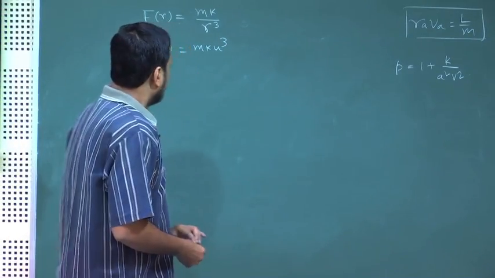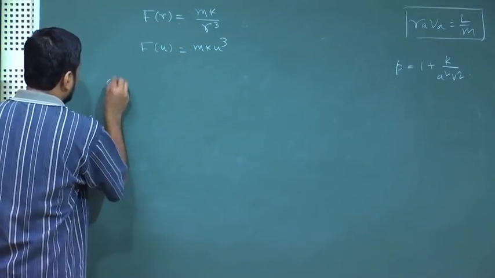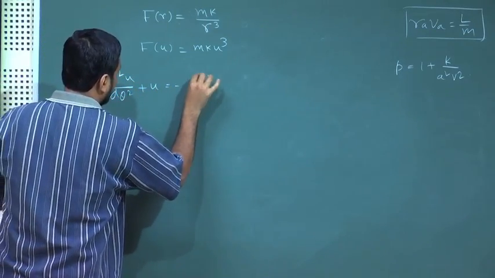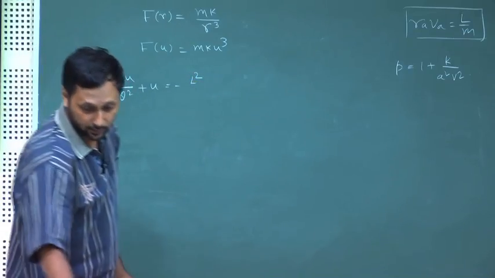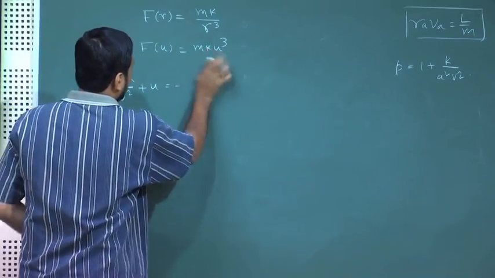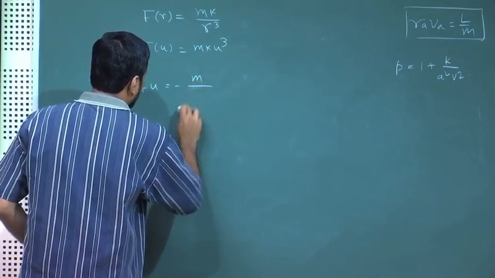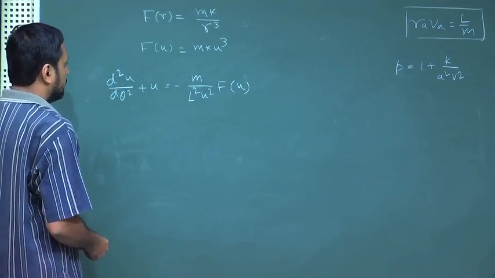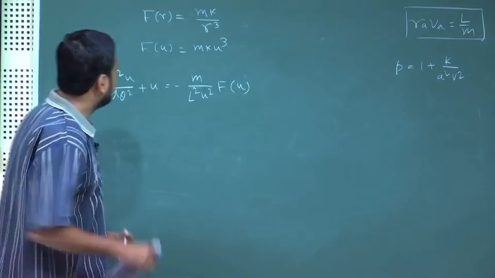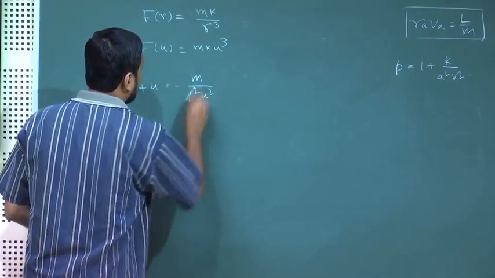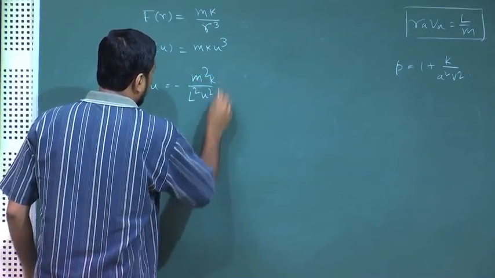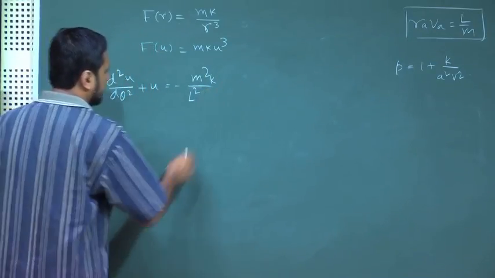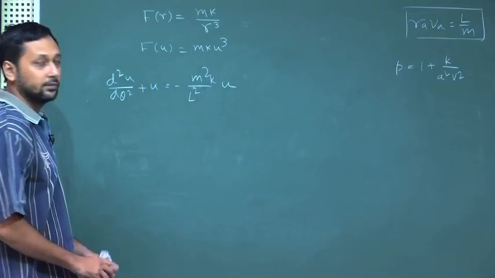Now, if we put it back into the differential equation, d 2 u d theta 2 plus u equal to minus, once again I keep forgetting this particular expression, m by L square u square f of u. If we do that, we have m square k and a u cubed here, out of which u square will cancel out and you have this.